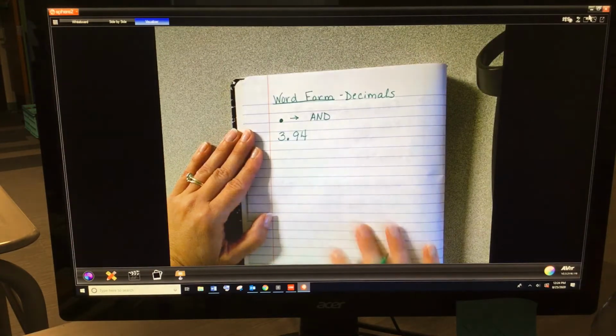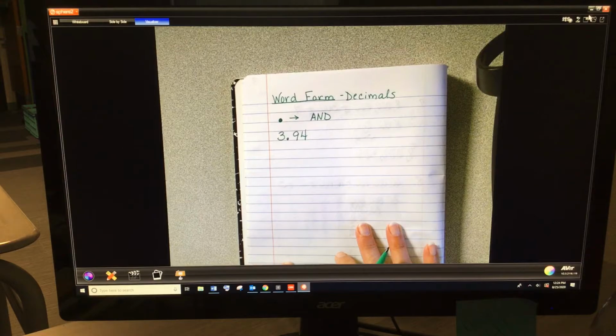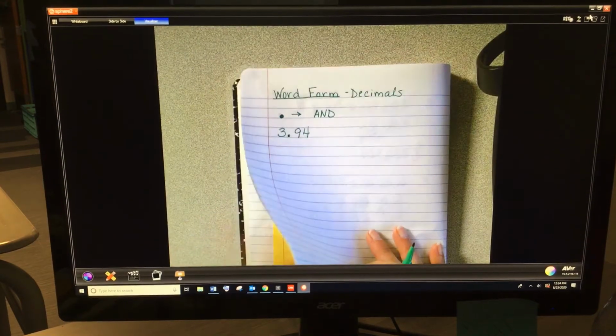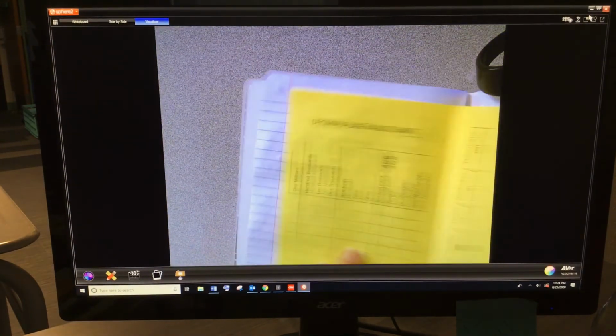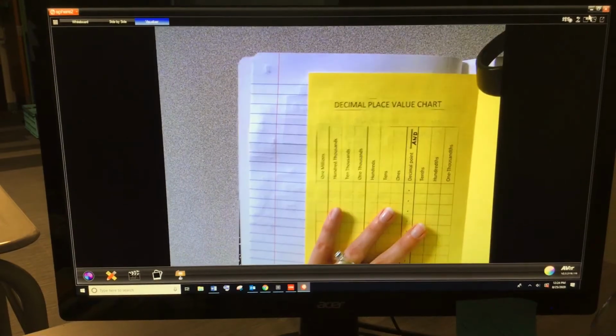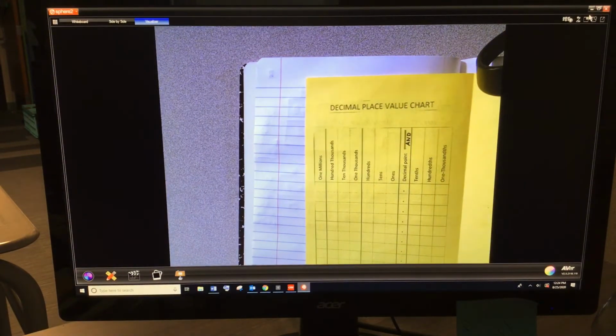Now, this is where if we get confused about our place value, we can use our chart and we can put numbers in our chart. My advice to you is if you're using this chart, I would use a pencil so that I could erase anything that I put on there in case I don't want to keep it forever. So let's look at that.